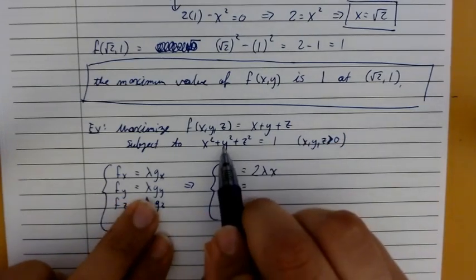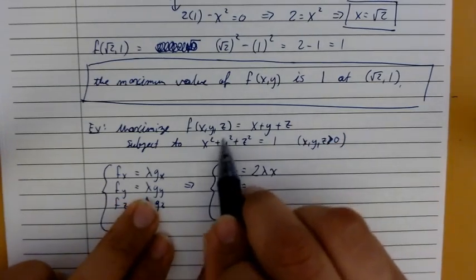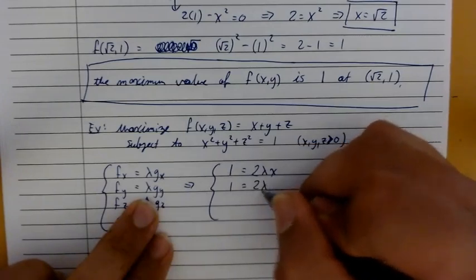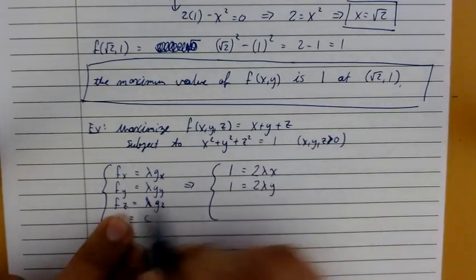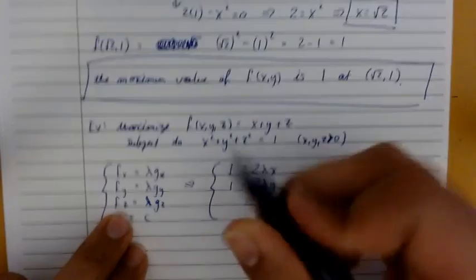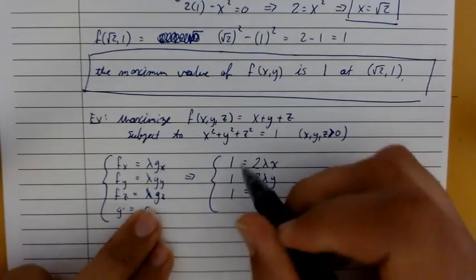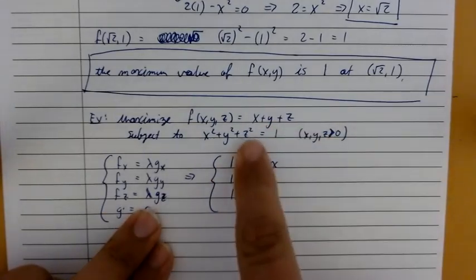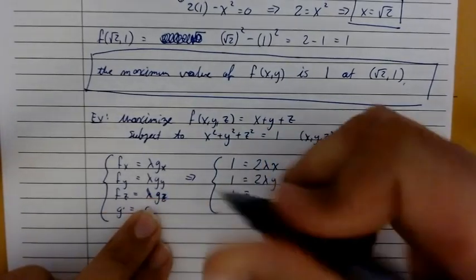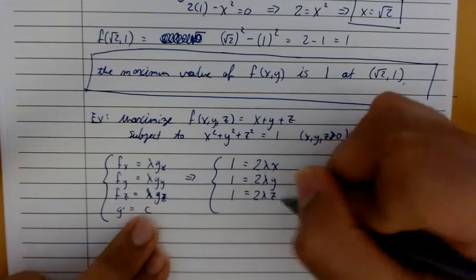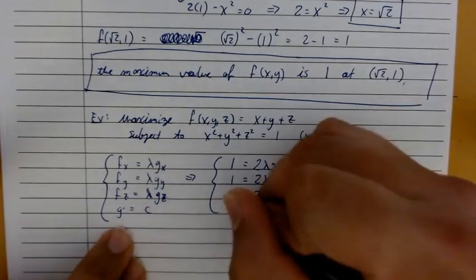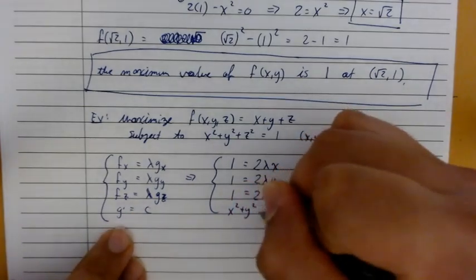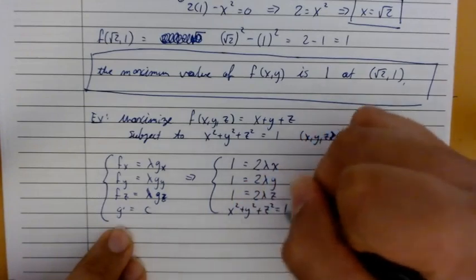The derivative of g with respect to y, that's 2y times your lambda. So 2 lambda y. The derivative of f with respect to z is also 1. The derivative of g with respect to z, that's going to be 2z times your lambda, 2 lambda z. And then we have our constraint, which is x squared plus y squared plus z squared equals 1.